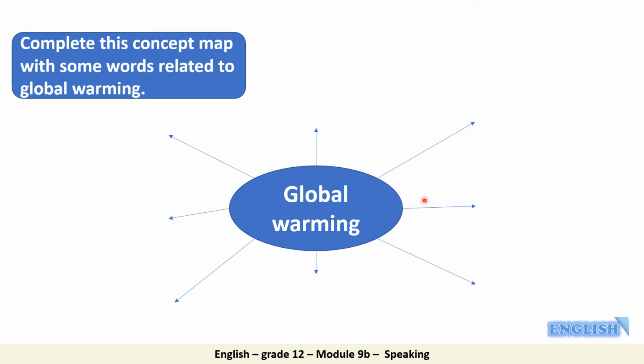Good. So we can divide global warming into causes and consequences. What is the main cause of global warming? Of course, for sure, it is pollution. But what type of pollution?